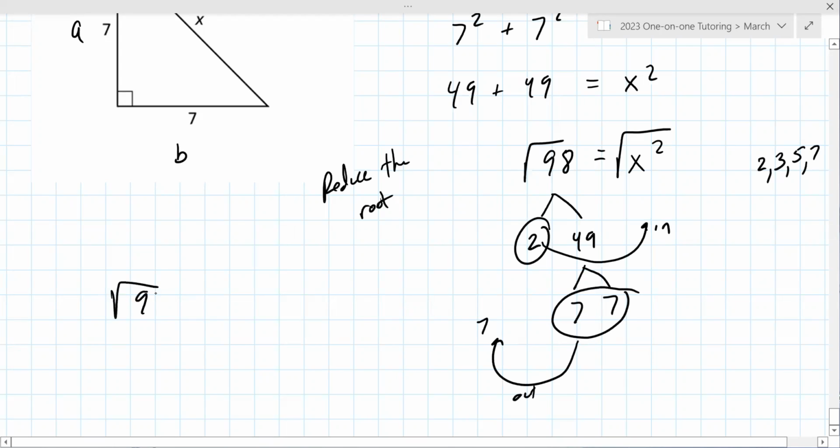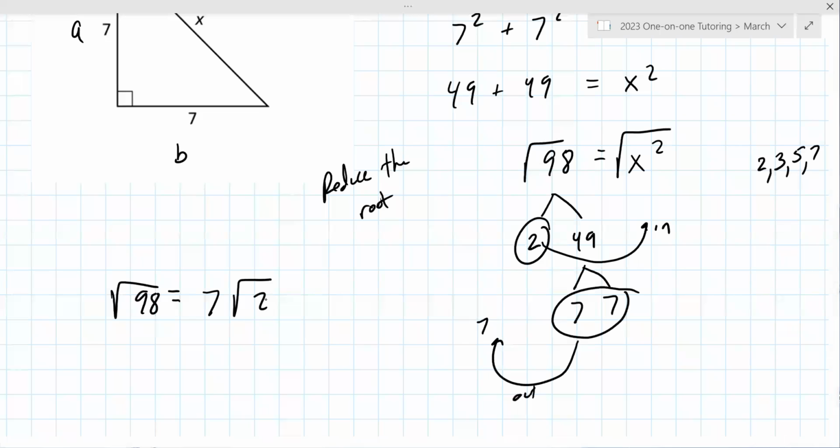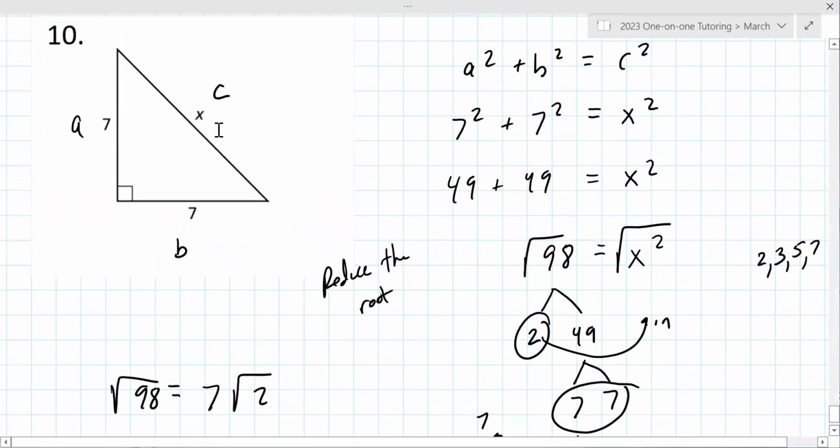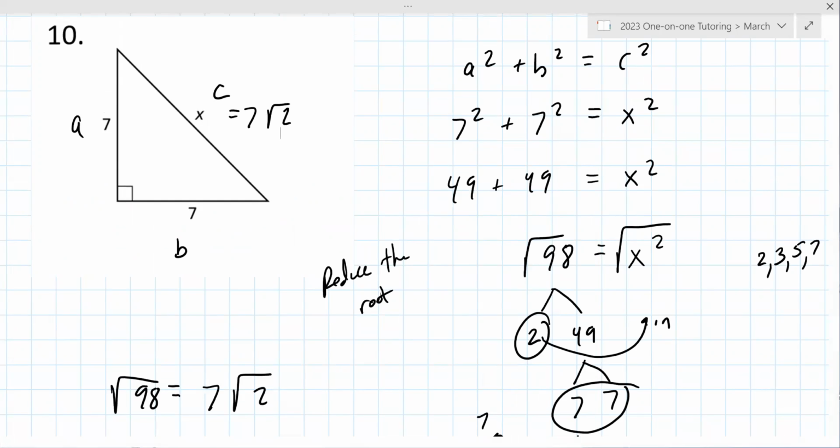The square root of 98 becomes 7 on the outside, square root of 2 on the inside. Perfect. And that is the value of X, 7 square root 2. So this one is not a Pythagorean triple. It's not a whole number. That's one reason for that.